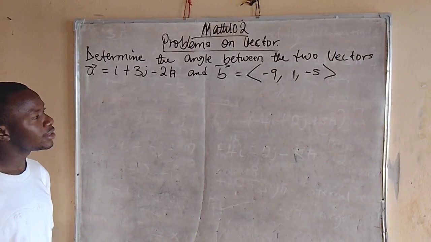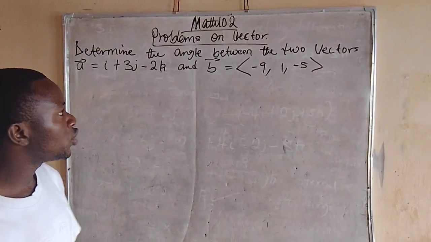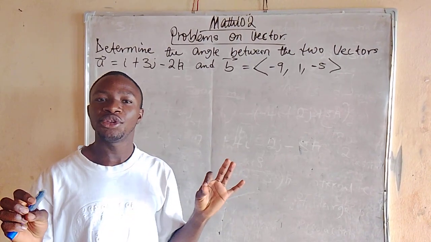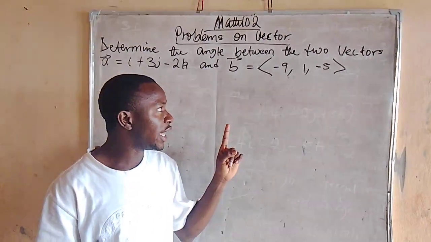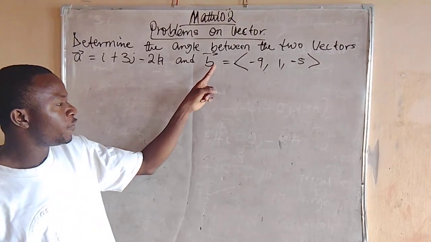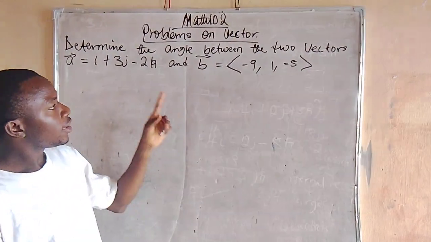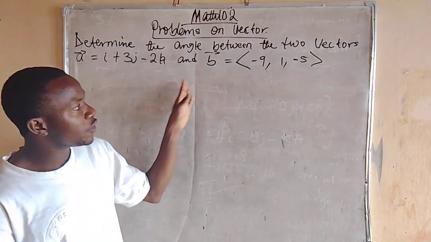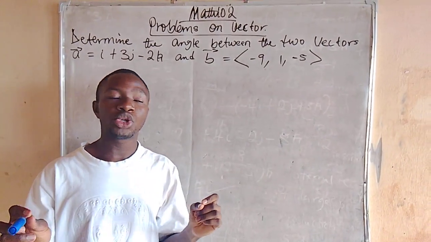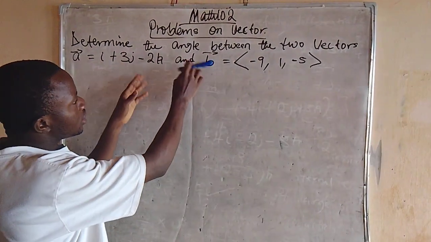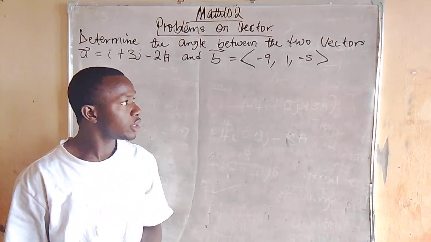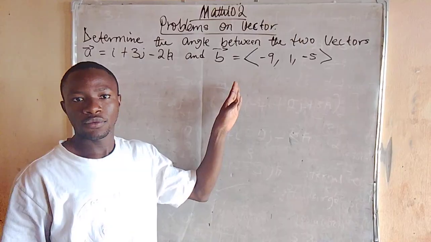If you look at that question very well, and if you watched our previous videos, you understand that there is a relationship between two vectors, the magnitude of a vector, and the dot product of a vector. It is the formula for the dot product that relates the angle between two vectors, the dot product, and the magnitudes of the two vectors.